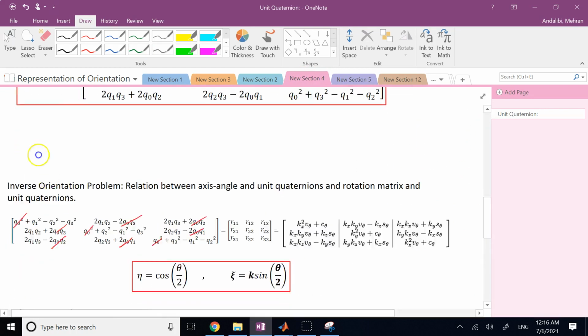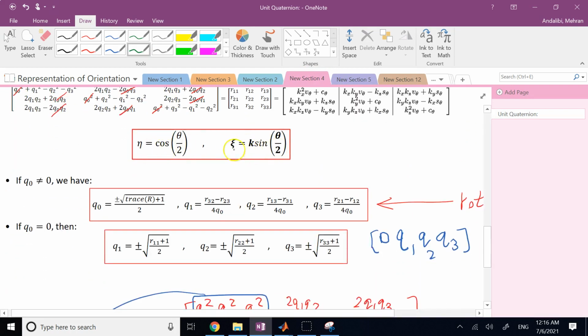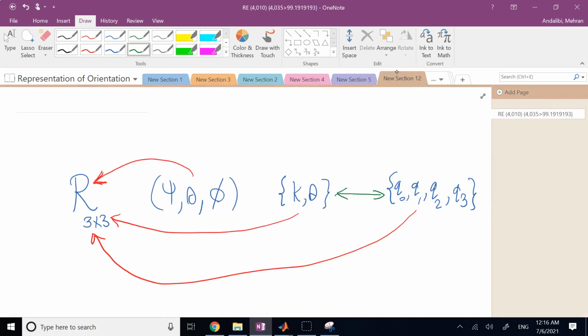This cosine of half angle and k times sine of half angle, that allows the conversion between axis angle and quaternion to be done very easily. Okay, but there is no direct simple conversion between Euler angles and axis angle and Euler angles and quaternion.